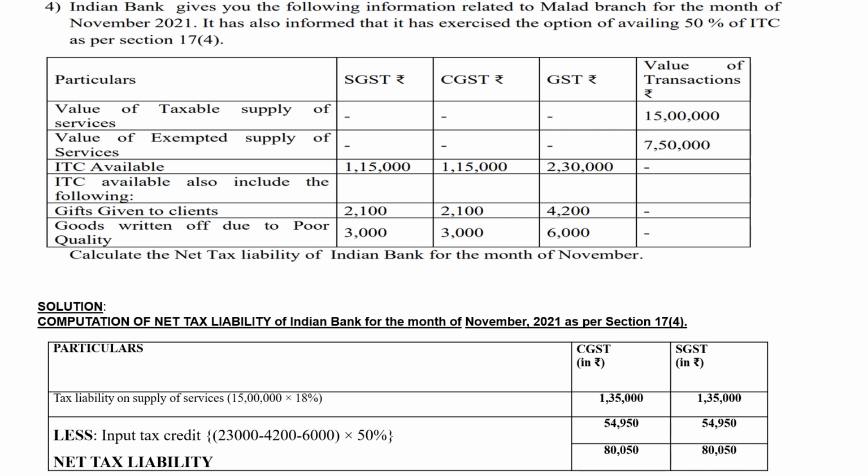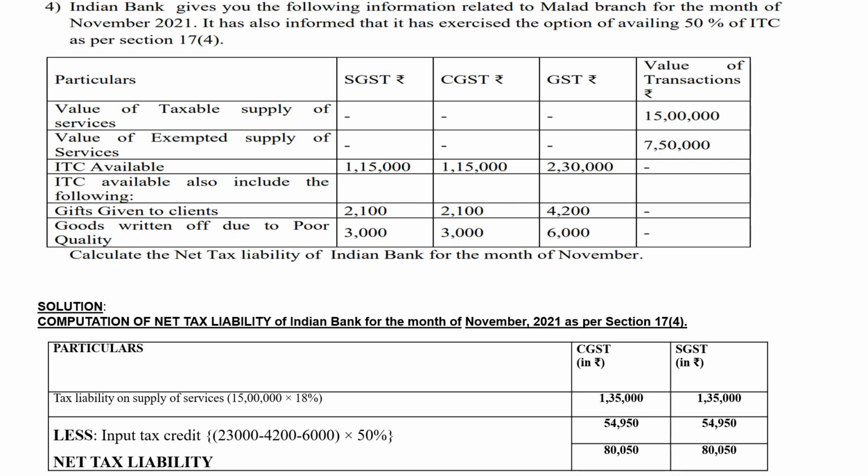Once you find the less input credit and deduct this input tax credit, you will get your net tax liability, which will be 80,050 in CGST and 80,050 in SGST. So this will be the solution of your problem sum.